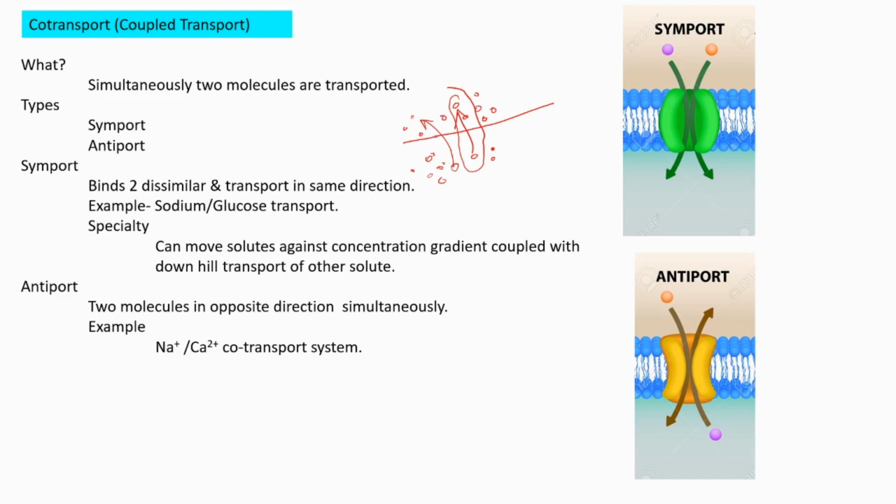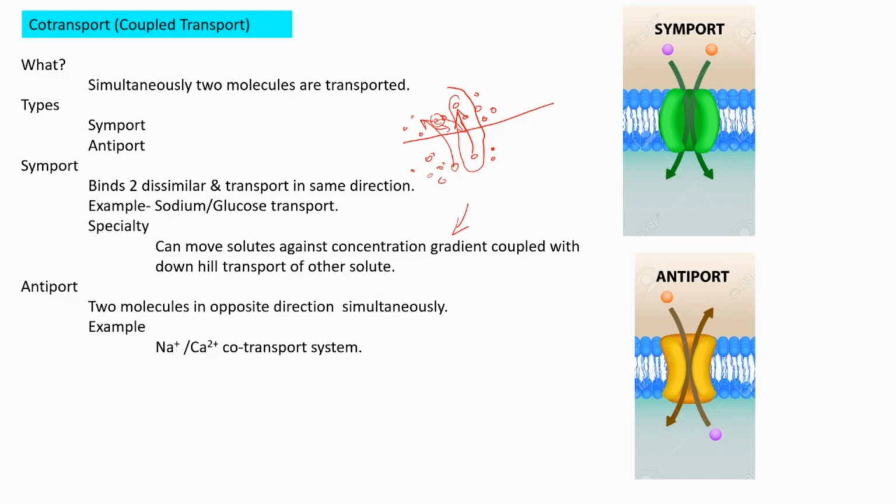So, it is a downhill transport. It doesn't require energy, but it can release energy. And using that energy, the transport of this molecule against the concentration gradient takes place. That's what I explained in this sentence: symport can move solutes against the concentration gradient coupled with the downhill transport of another solute.